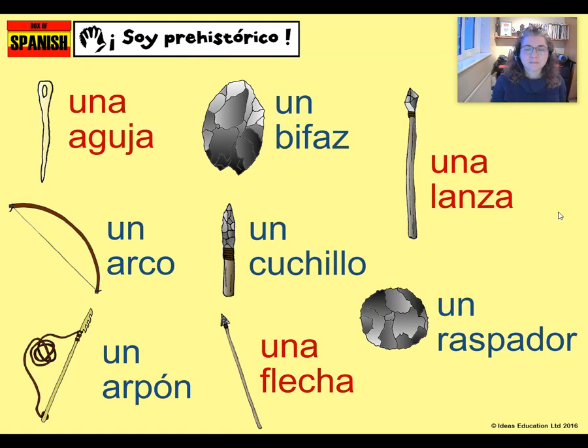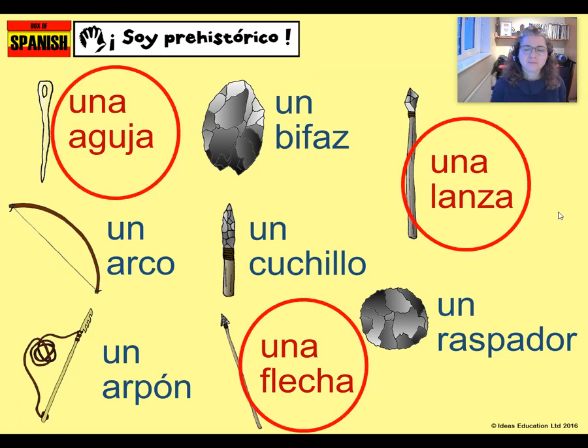Thank you, Miki. Now, have you noticed that some of these words are red and some of these words are blue? Thinking about the red ones, first of all, there they are. Can you spot anything that all of these red words have in common?